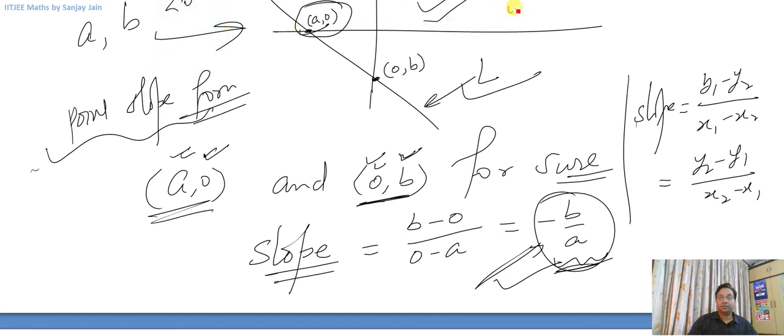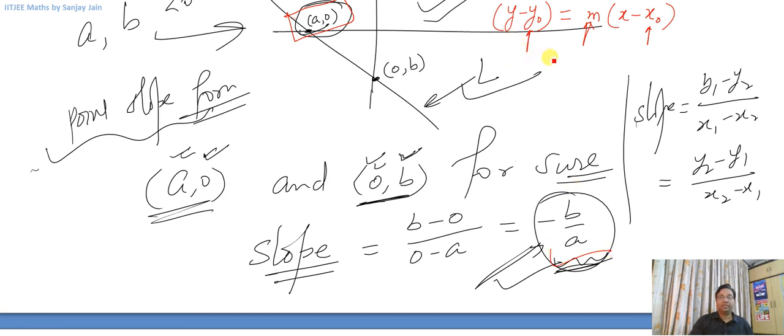What is point slope form? y minus y naught, which is the y coordinate of the given point, equals slope into x minus x naught, which is the x coordinate of the given point. Here the given point is this a, 0, right? And slope is this minus b by a.